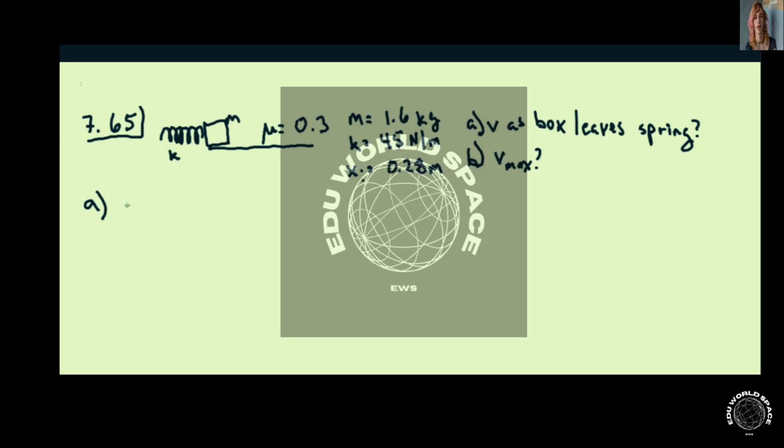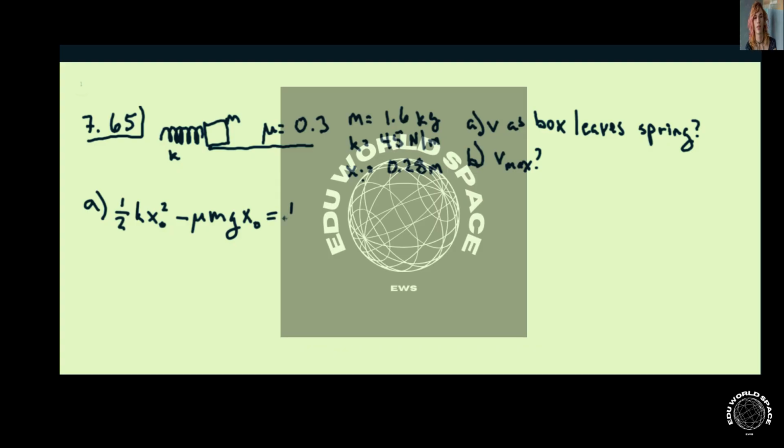So we know that the box starts from rest, and so the initial energy must all be potential: 1/2 k x squared, and then the work done on it by friction, mu times the normal force, which is just its weight, times x naught, because this moves a distance of 0.28 meters before it clears the spring, and that's the moment where we want to find the speed.